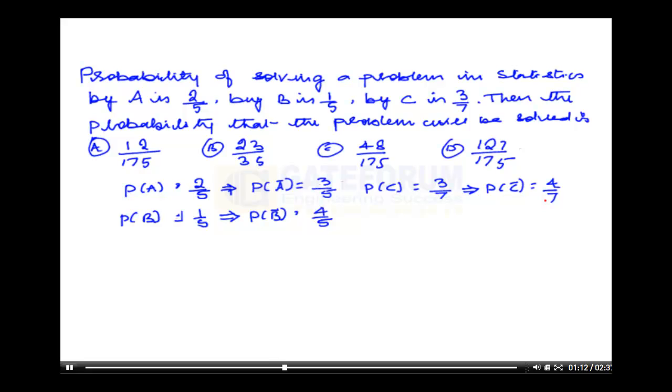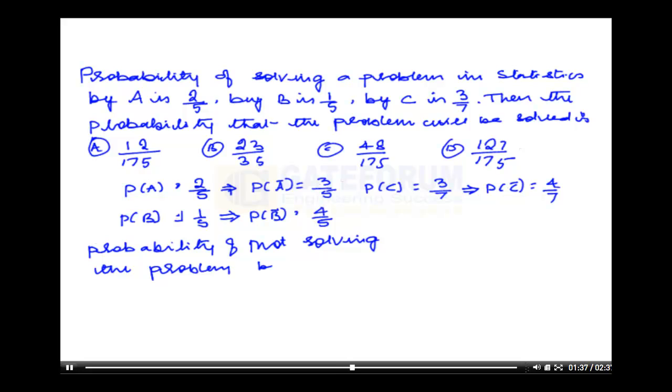Therefore, first we shall find the probability of not solving the problem by anyone, equivalent to 3 by 5, 4 by 5 into 4 by 7.